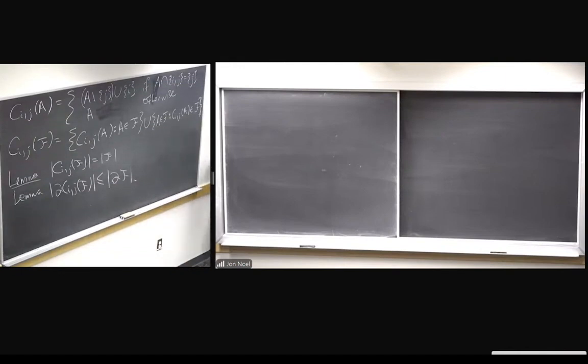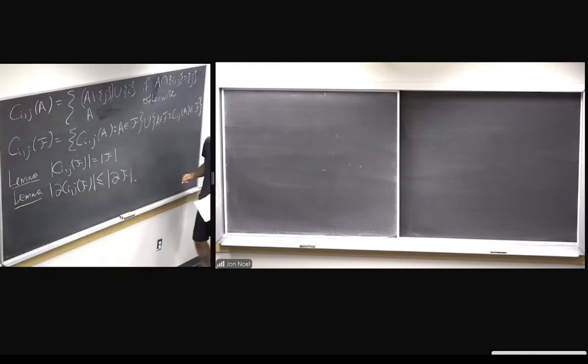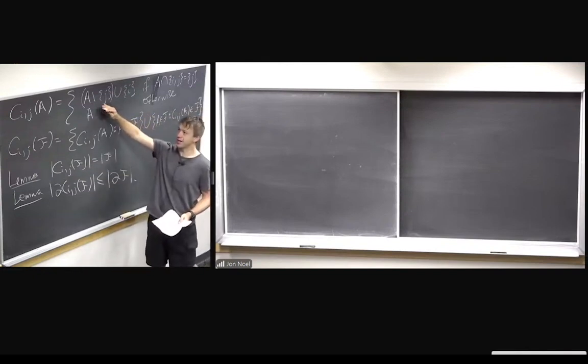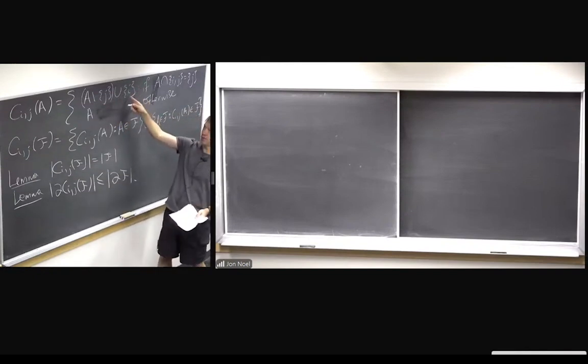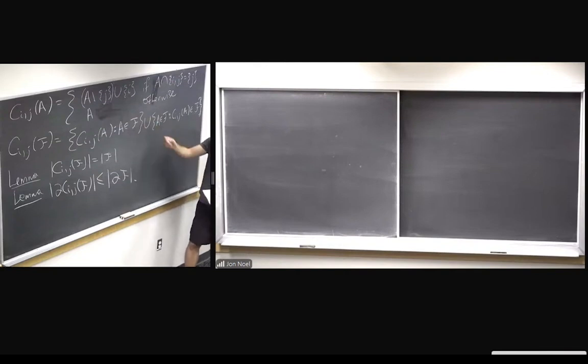Anyway, let's get back to Kruskal-Katona. Just recalling some definitions here of the IJ compression: pick out J, put in I if you can, otherwise don't do anything. Then we have this compression of a family F, which was this kind of weird definition.